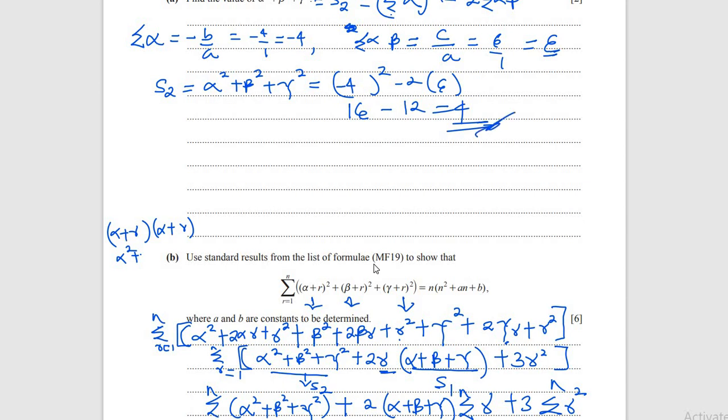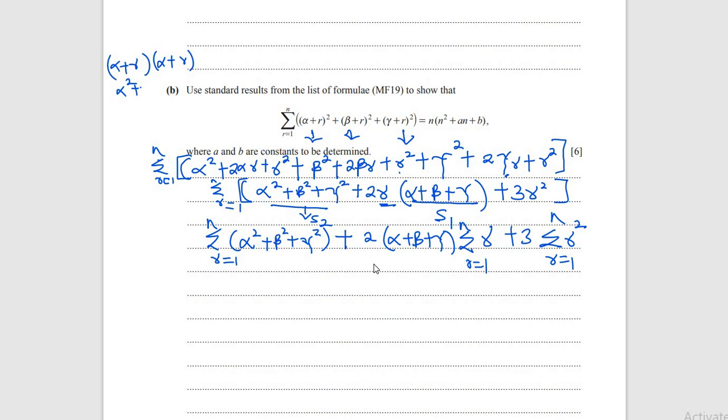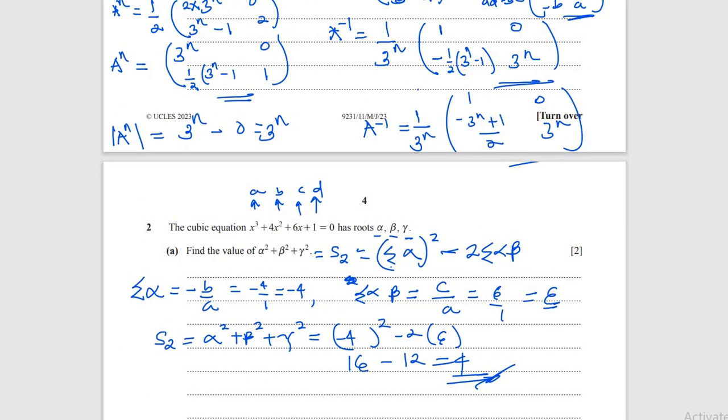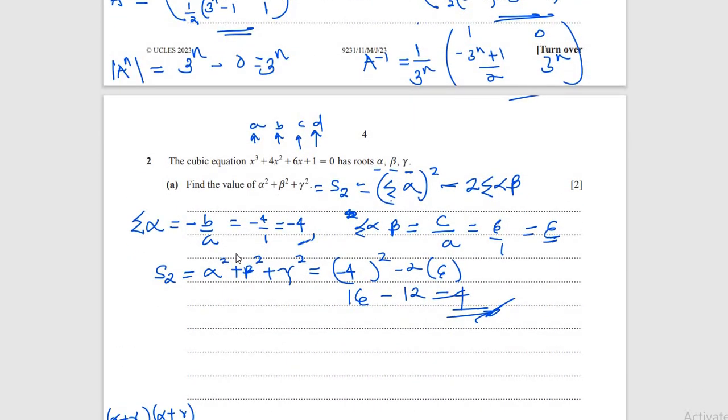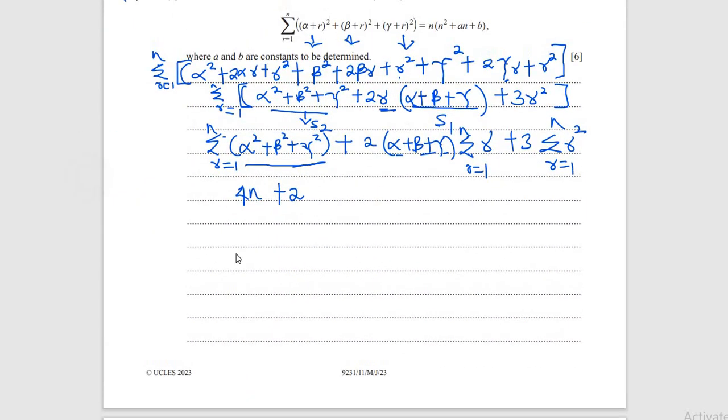It's 4. And we have summation up to n, so we say 4n plus 2 times alpha plus beta plus gamma. That's the sum of roots. It gives us minus 4 here. So multiply by minus 4.